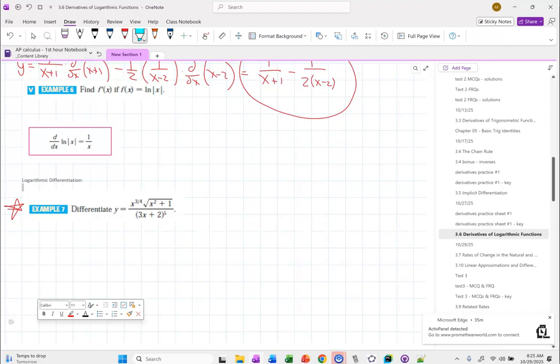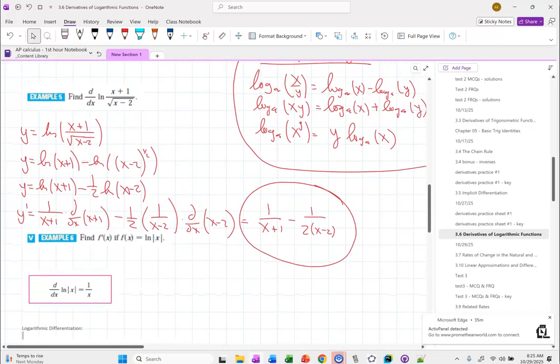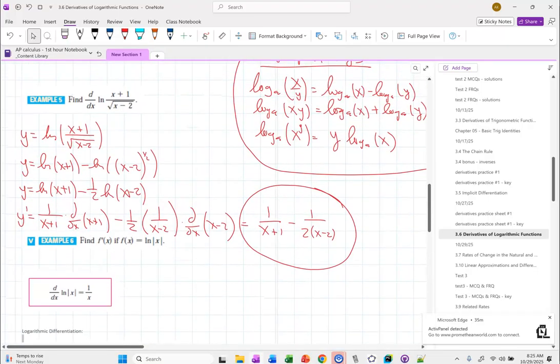Looks pretty nasty. What you can do, not required, but what we can do, what if there's a natural log in front of that whole big thing? What if we had that to start with?